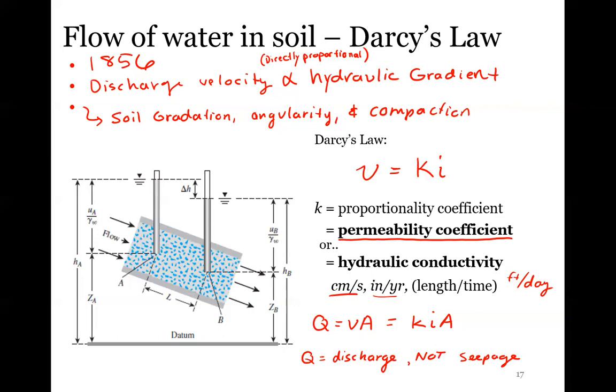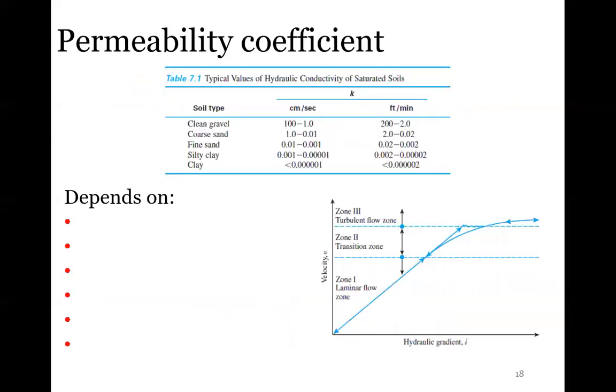So for the permeability coefficients, these are some of the values. Just generally what we see is the smaller the size of the sample, the smaller the coefficient. Clay particles are going to have the smallest permeability coefficient, and then clean gravel and large aggregate are going to have some of the larger permeability coefficients.